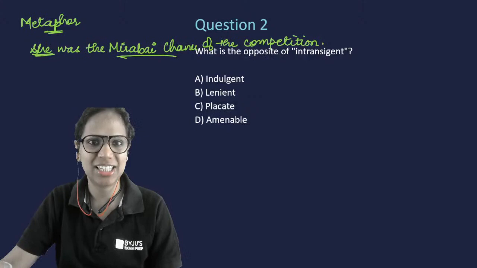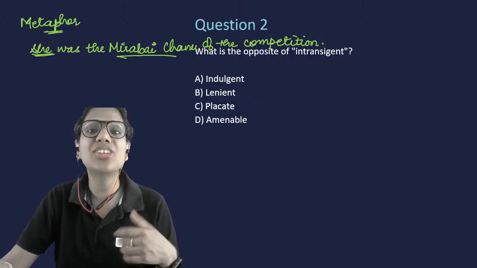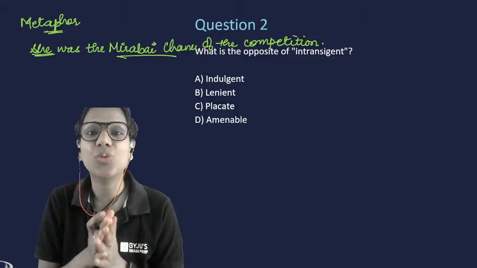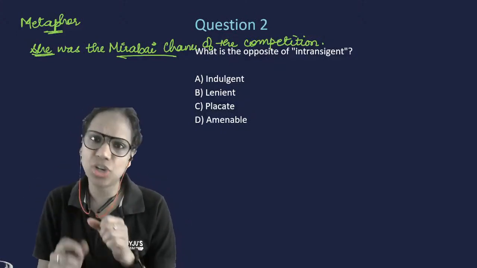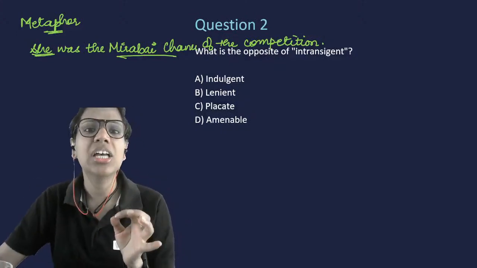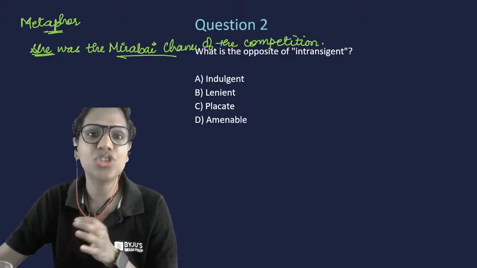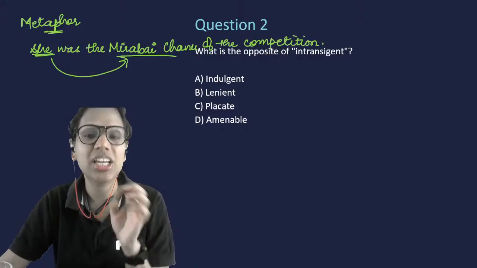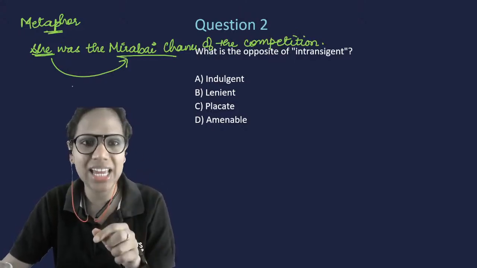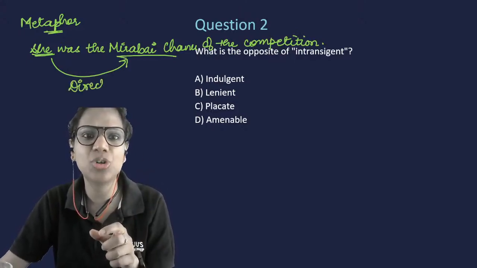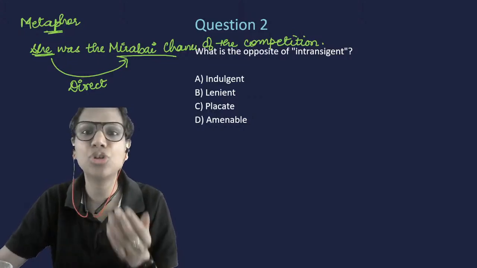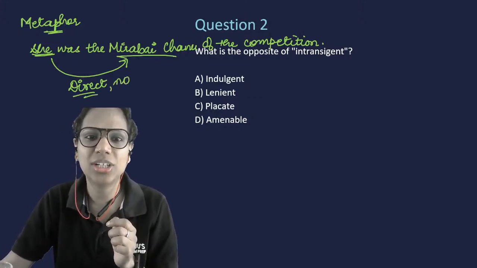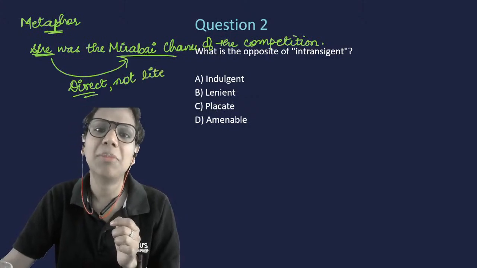I'm just saying that she was as strong as, she exhibited as good a weightlifting ability as Mirabai Chanu. So, this comparison, which is not literal, okay, you are not saying that she is Mirabai Chanu. This comparison that is direct, it's a direct comparison. I'm not saying she was as strong as, I'm not using a simile there. So it's a direct comparison, but it is not literal. This is called a metaphor.